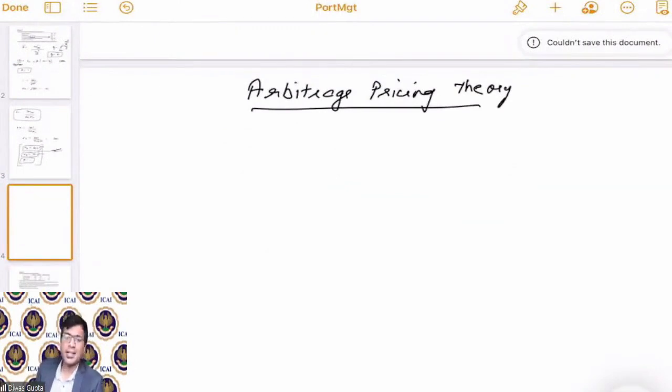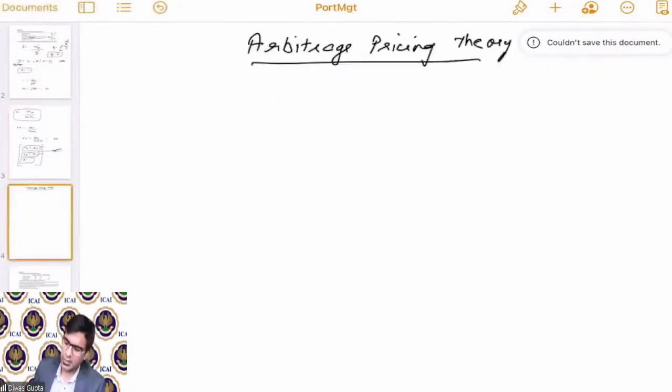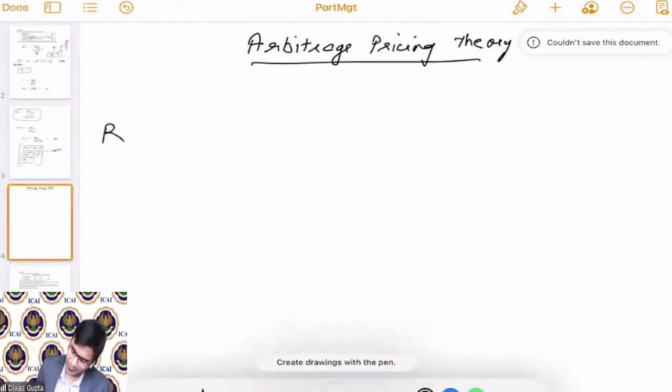See, arbitrage pricing theory says that in CAPM there is only one factor, correct? In CAPM there is only one factor, which says that there is a risk adjusted return on account of beta, which is the market risk premium. Now, arbitrage pricing theory has a very simple formula.